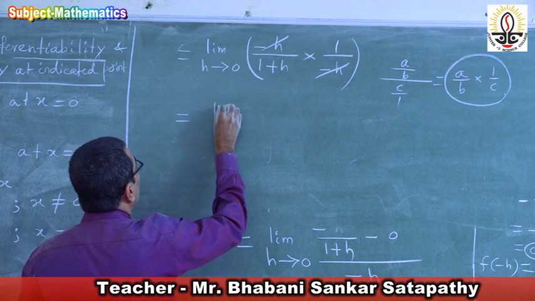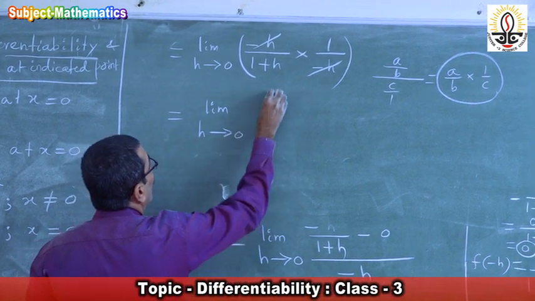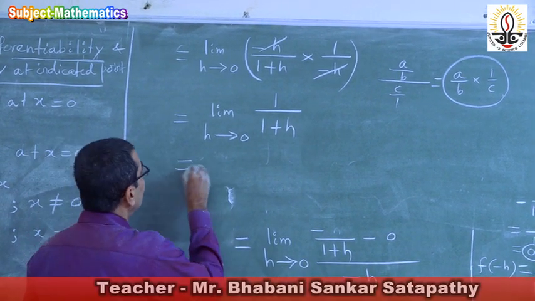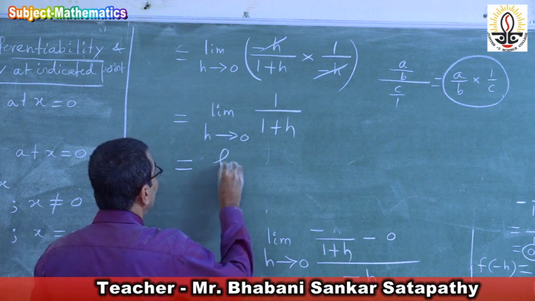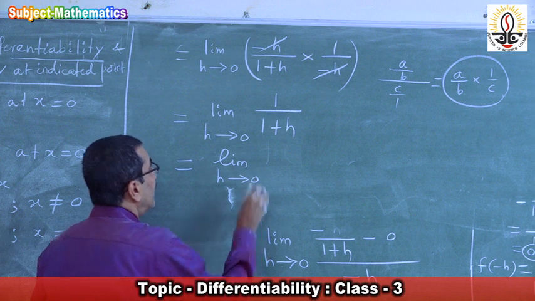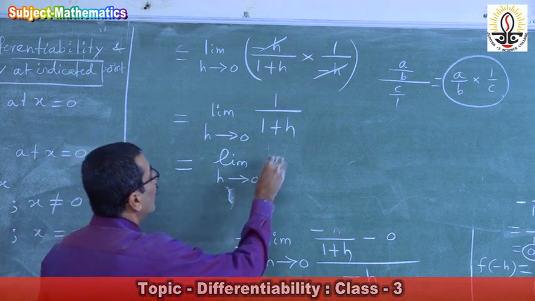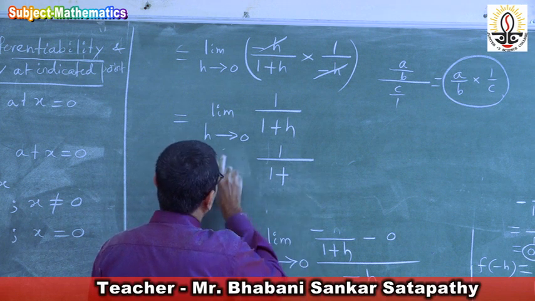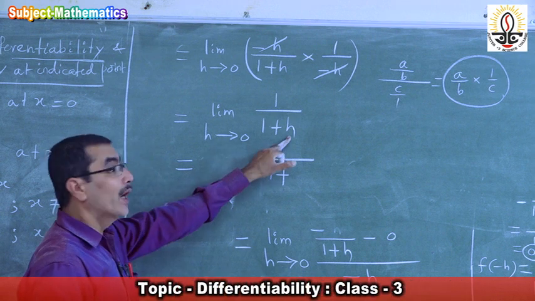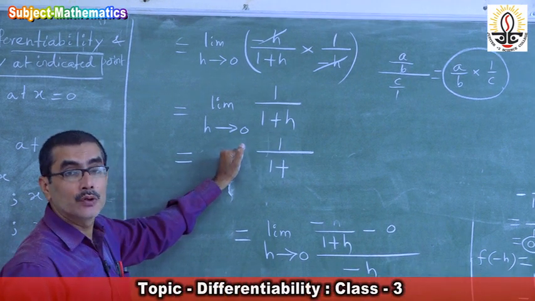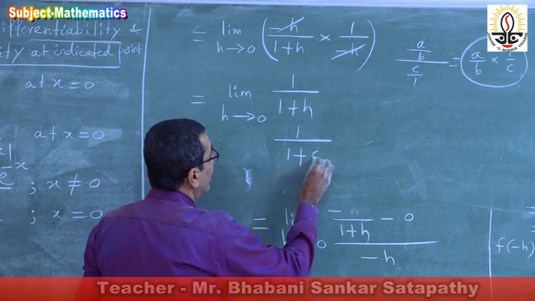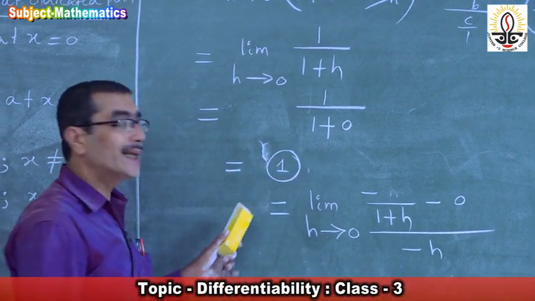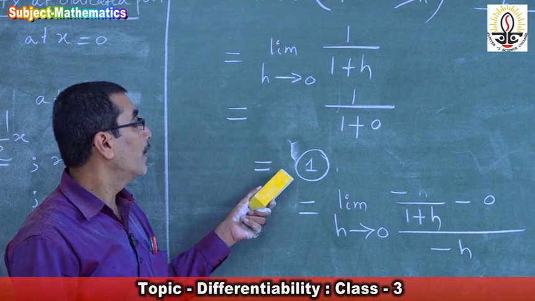Therefore, this is equal to limit h approaches to 0 of 1 by 1 plus h. I will put the value of h here, so I will write 1 divided by 1 plus 0, and this result is equal to 1.